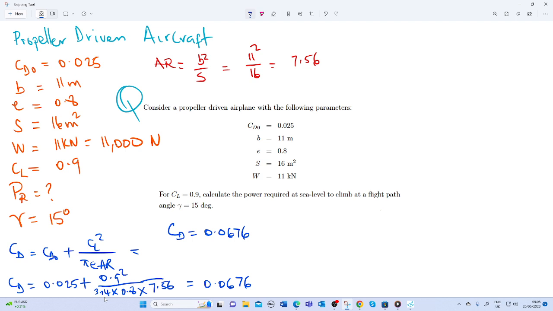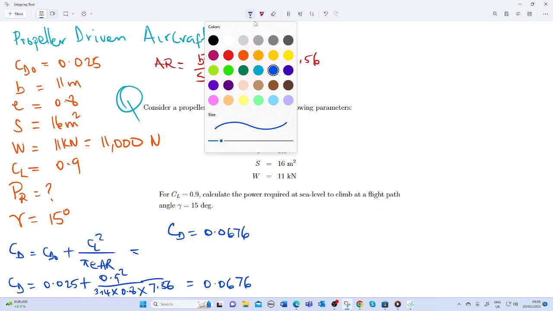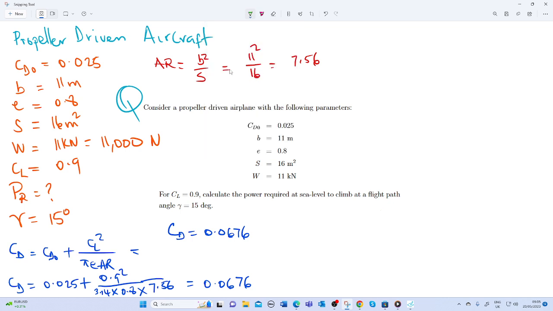Don't forget that using the flight path diagram representation, we can deduce that this is lift, this is drag, this is thrust, this is the weight of the aircraft acting downward, and that is the flight path angle subtended.